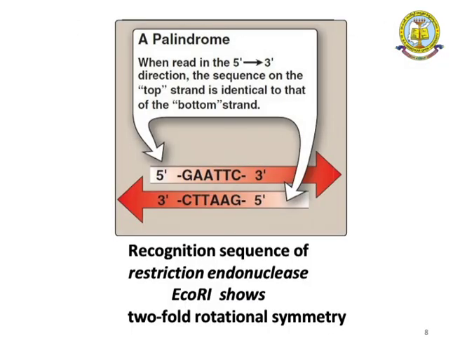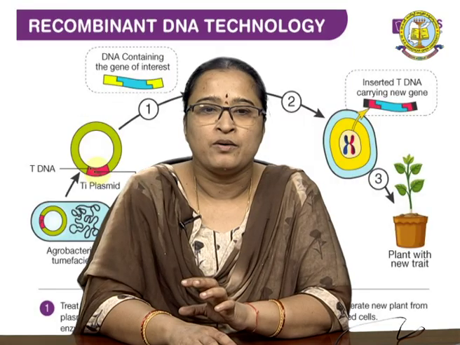Here in rDNA technology is the recognition sequence of restriction endonuclease, from E. coli bacteria, 5' to 3', 3' to 5'. When read in the 5' to 3' direction, the sequence on the top strand is identical to the bottom strand. Both are the recognition sequences of the restriction endonuclease enzymes.